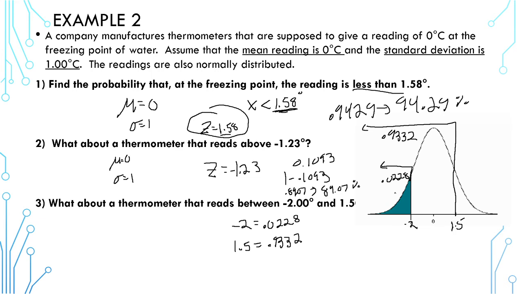So what I'm going to do is subtract 0.0228. I'm going to subtract everything from here on down from 0.9332, and that will give me what's left essentially. So I take 0.9332, subtract 0.0228, and what I end up with will be just the area between them.